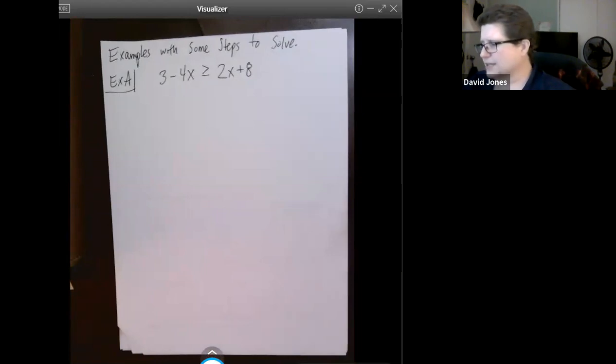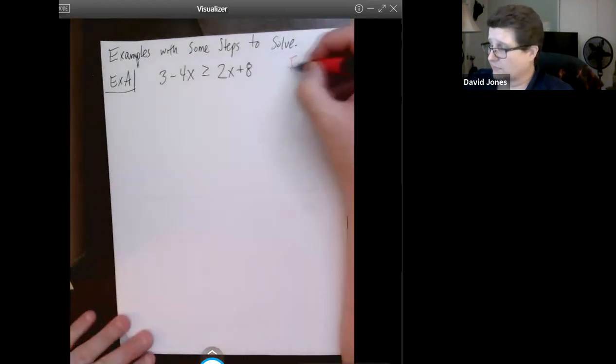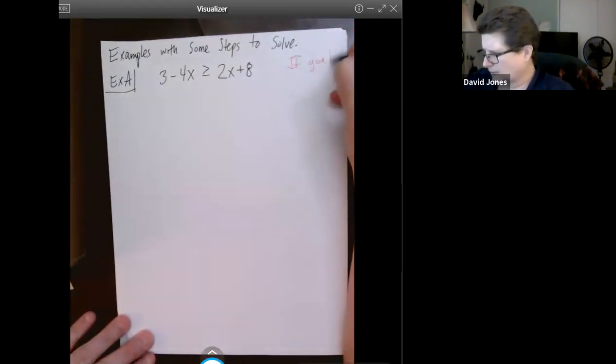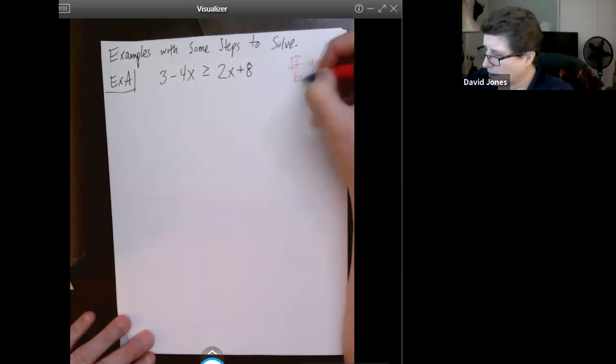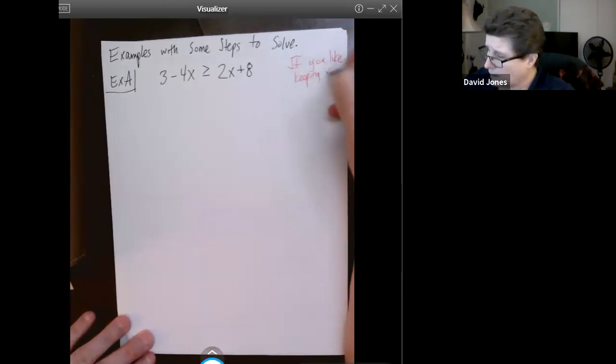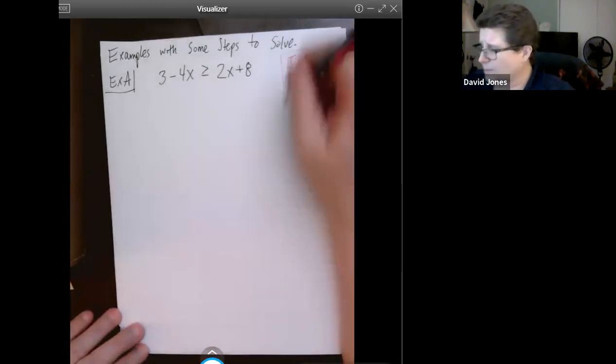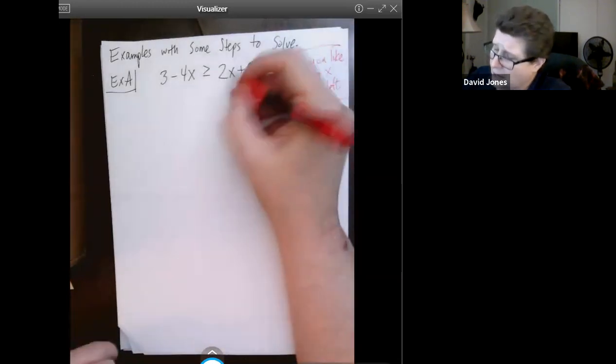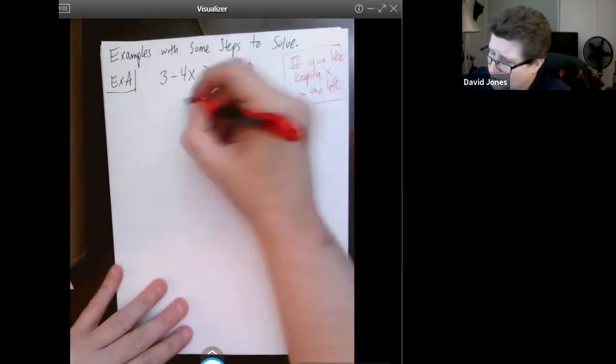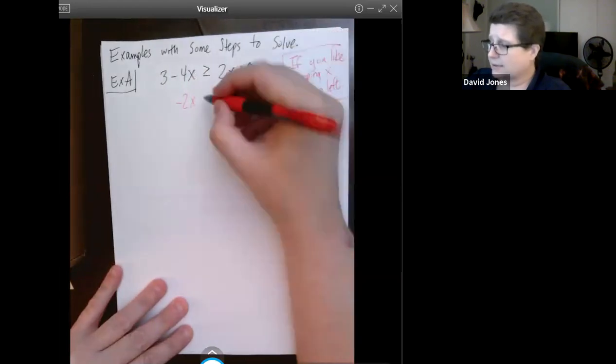You got two ways of solving this. If you like keeping x on the left, so this will be our first way of solving it. I would move all my x's to the left by subtracting 2x.